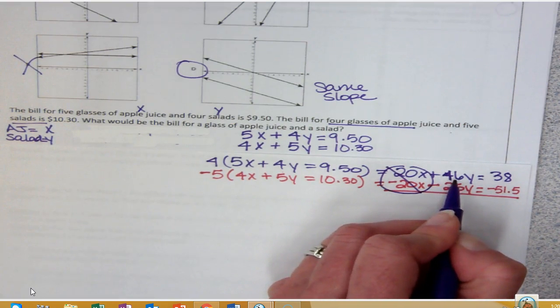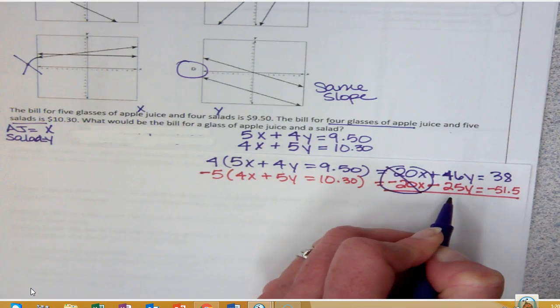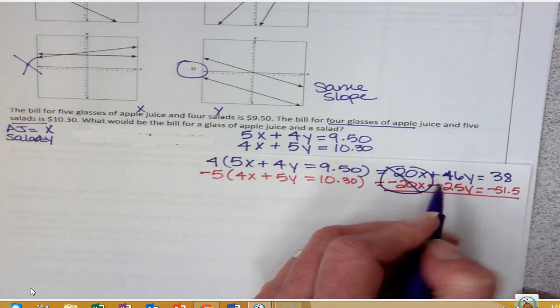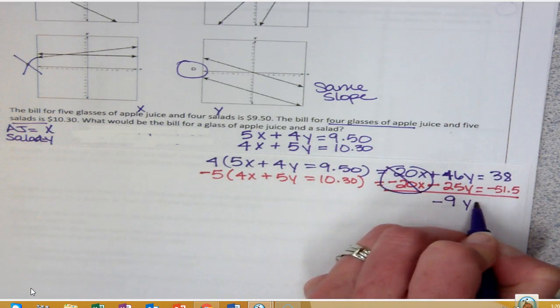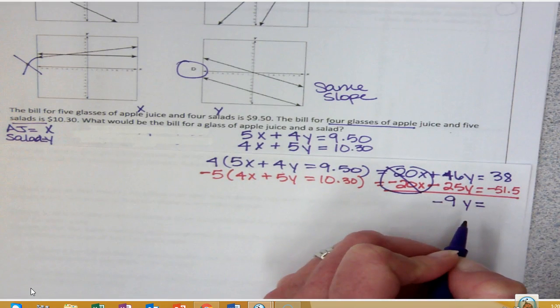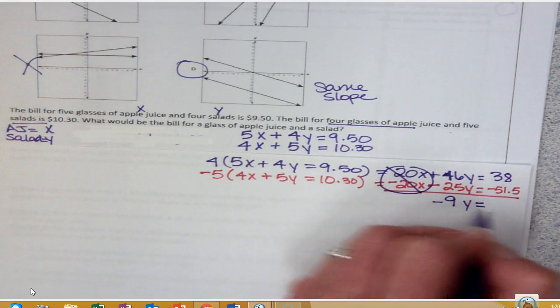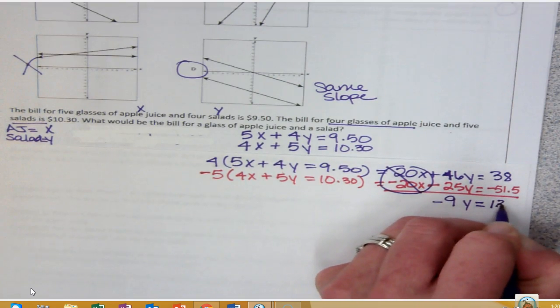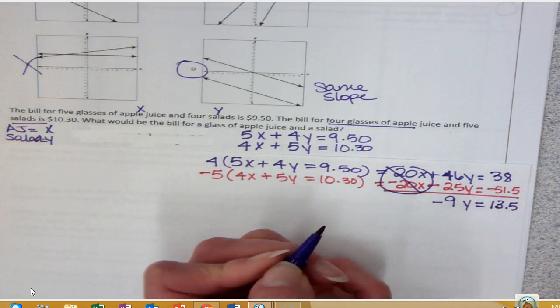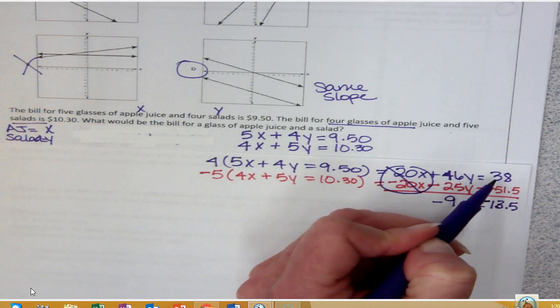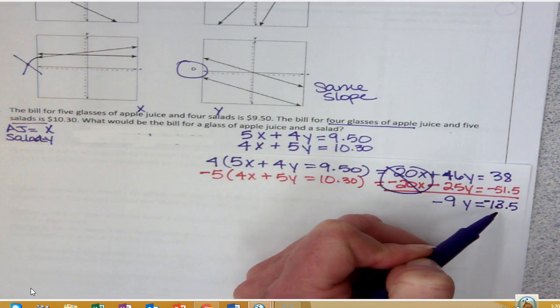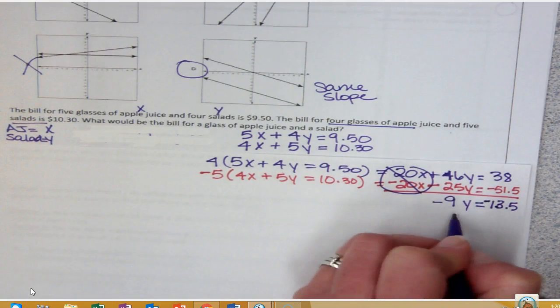Then when we add a positive 16y to a negative 25y, I'm going to get negative 9y. When I take 51.5 and I subtract 38, I'm going to get 13.5. And that would be a negative because the 51.5 is larger than the 38. So that's a negative 13.5.